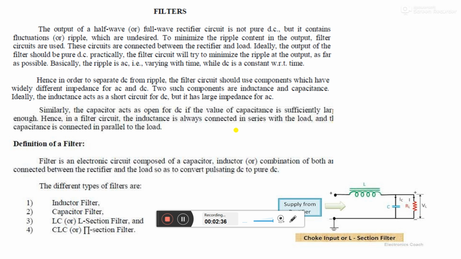We use the output of the rectifier, which we call pulsating DC, as an input for the filter circuit, and the output of the filter, which is unregulated DC, is again given to the regulator circuit.